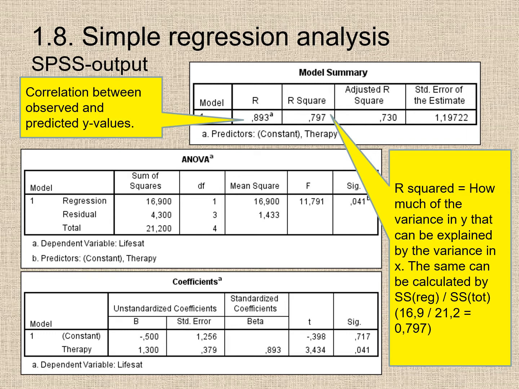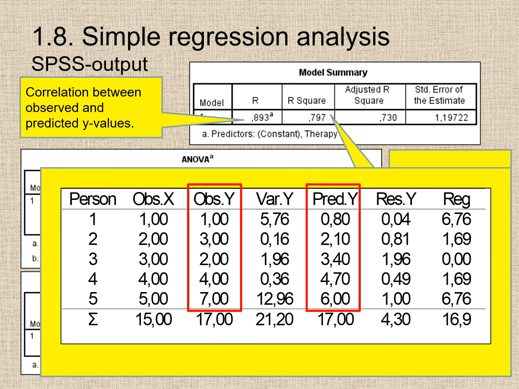So if I go back a little bit here, here we have observed values on life satisfaction, and here we have predicted values on life satisfaction. So if we take the correlation between those two, we get the multiple correlation. In this case, 0.89.